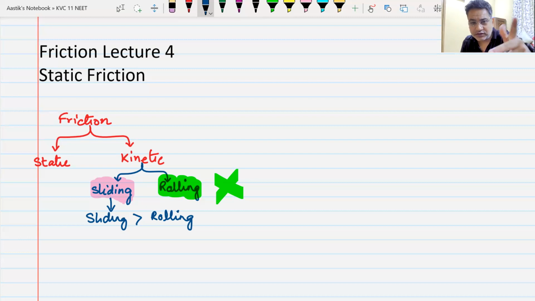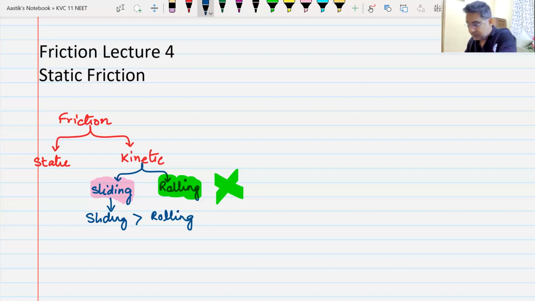But if you put rollers, something round like bamboo sticks or pieces of wood, and put that box on them and then slide it, it is easier. Why is it easier? Because now the friction is not sliding, but rolling.